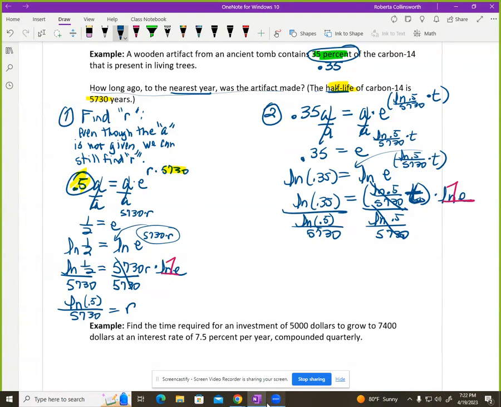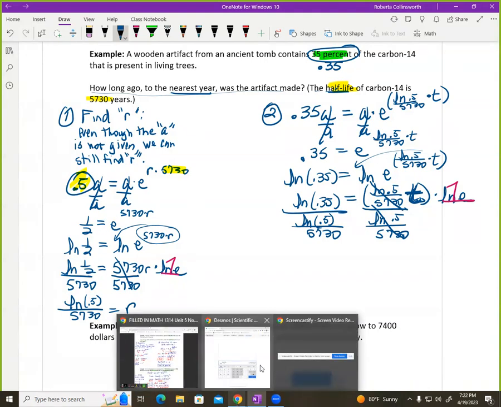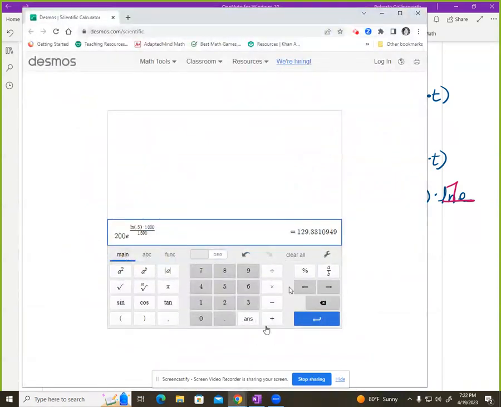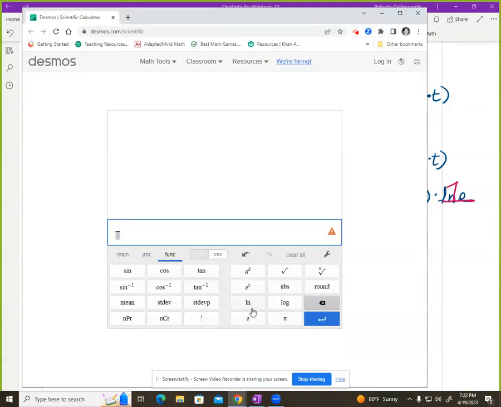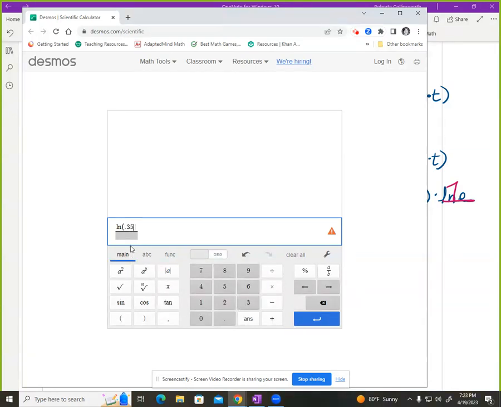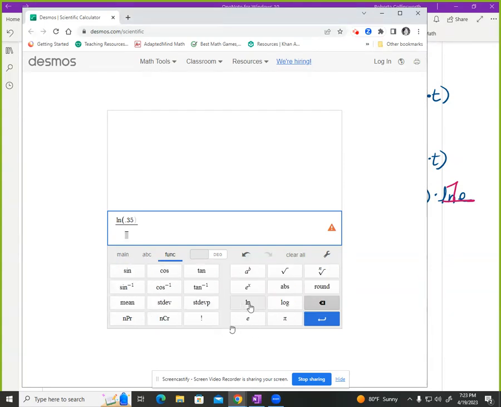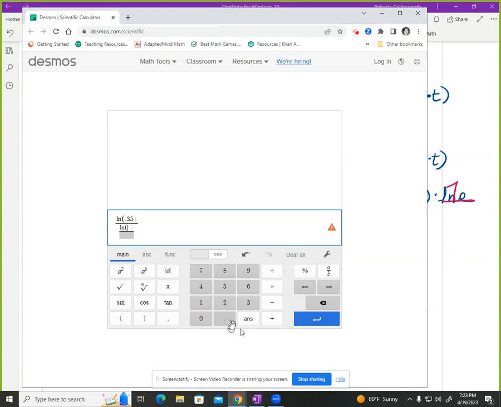So in my handy dandy calculator, I have a fraction with ln of 0.35 in the numerator, and in the denominator I have another fraction, which is the ln of 1/2, oopsie, divided by 5,730.